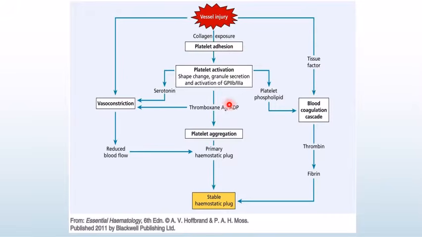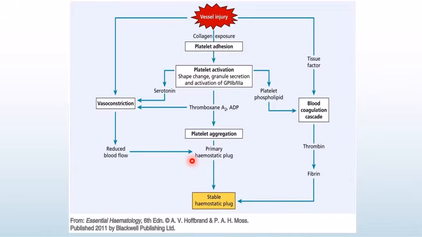Abnormality in any of these phases is called a functional platelet disorder. The primary hemostatic plug means the first plug that prevents bleeding and blood loss. It is composed mainly of platelets and RBCs.